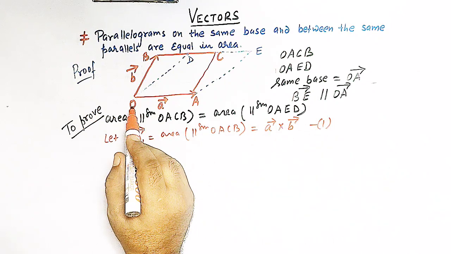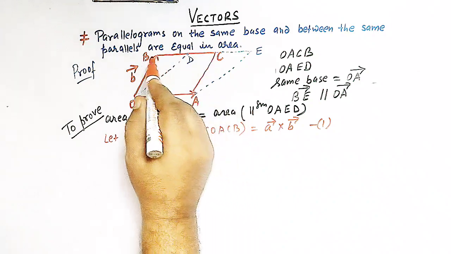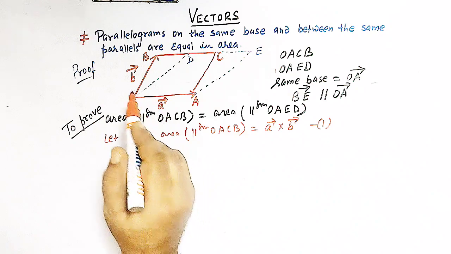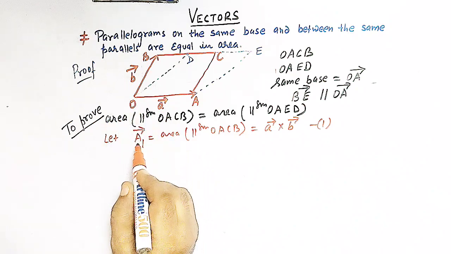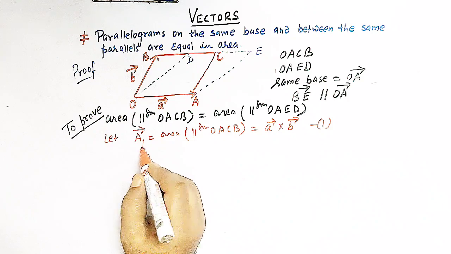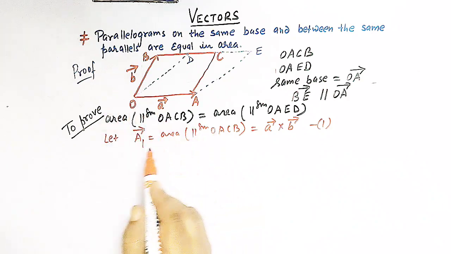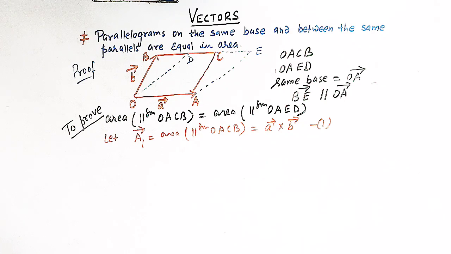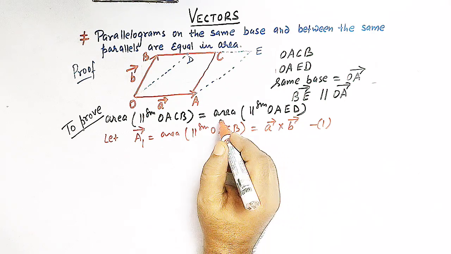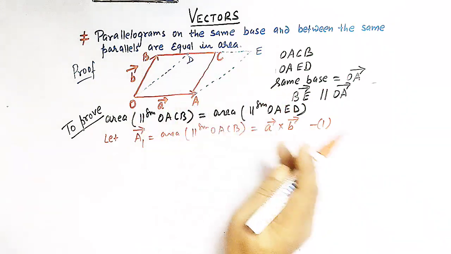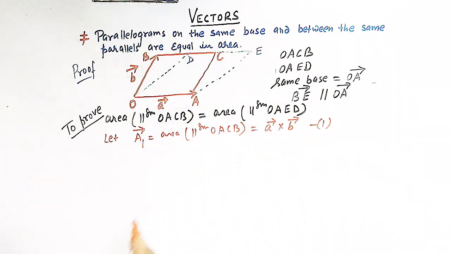So the area of the parallelogram OACB is given by the vector product of A and B, and the direction of this vector A1 is perpendicular to the plane containing vector A and vector B. And now we have to show that the vector area of this parallelogram OAED is also A cross B.